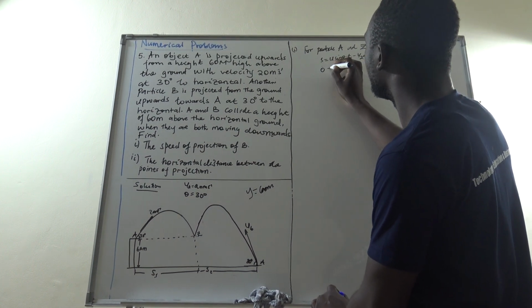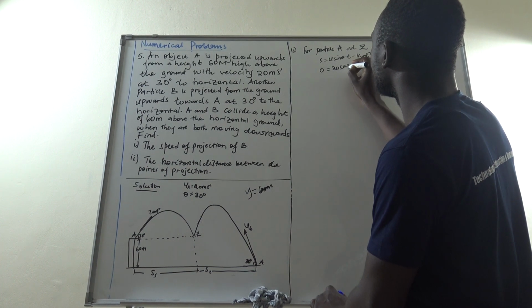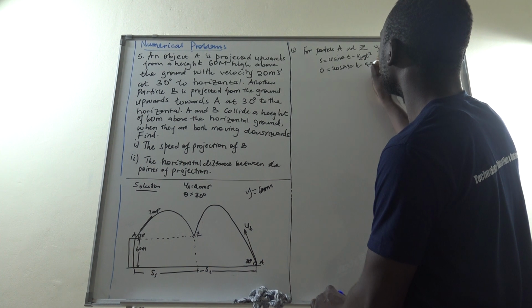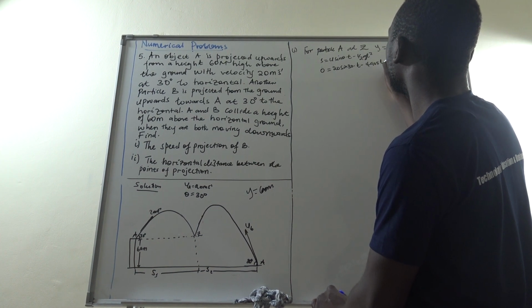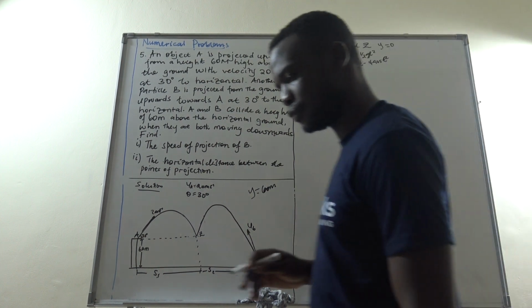So 0 = 20 sin 30 × t − 4.95 t². I've divided the value of g by 2.